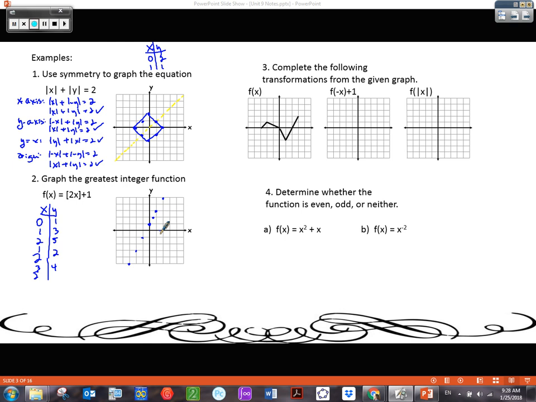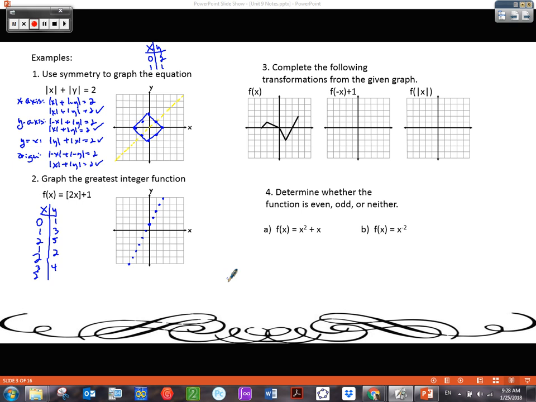So at 3 halves I'm at 4. Do we see that pattern? So I can just fill out those integer patterns. That puts us right here and there. Okay, goodness gracious, we haven't got to fractions yet.